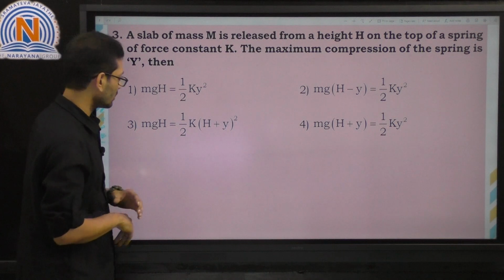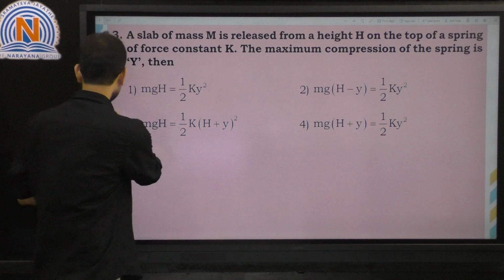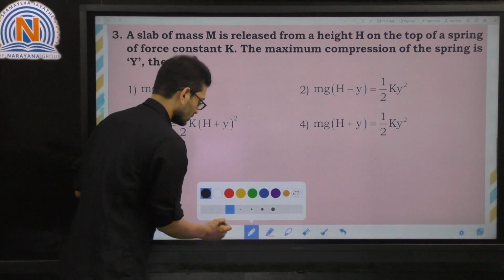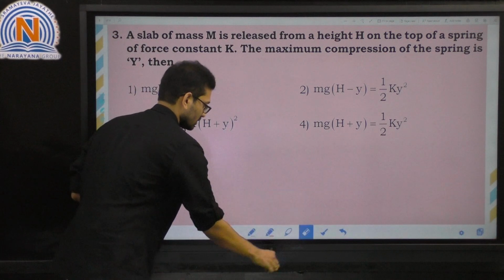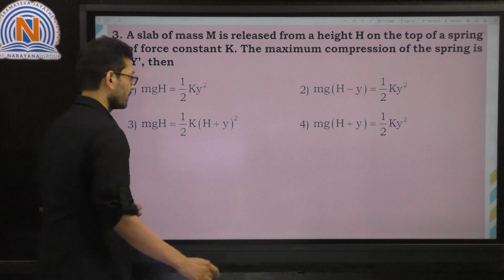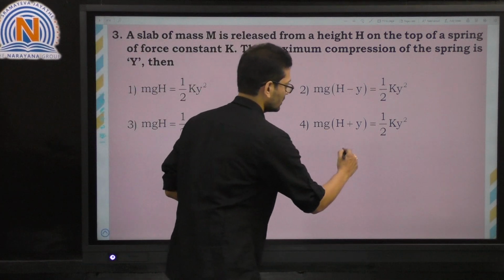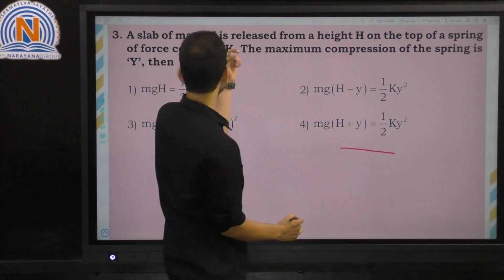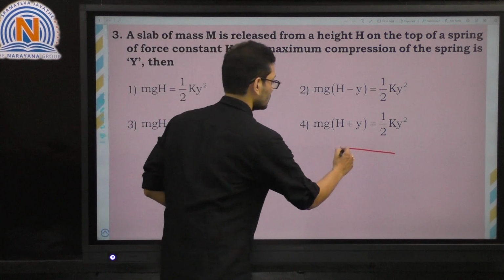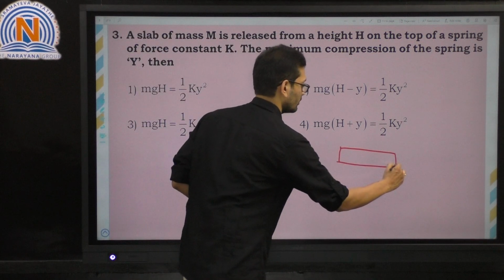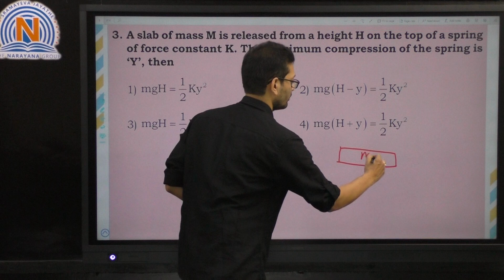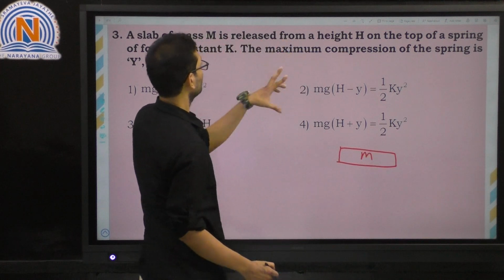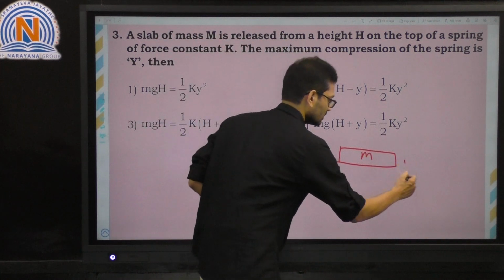Now let us try to draw the situation which has been given over here. There is a slab of mass m. It is released from a certain height h.